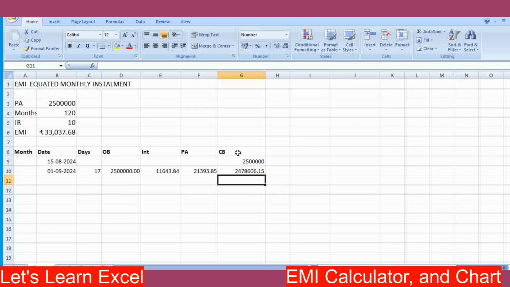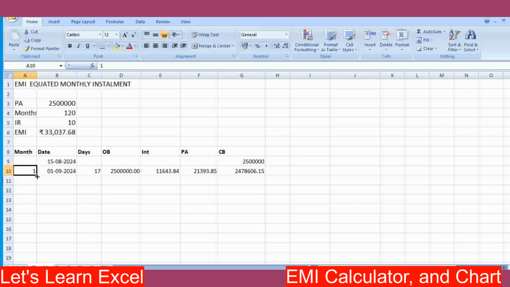Now what we have to do is we just have to copy the formulas down to 120 rows. So now this will be the first month, right? Subsequently it will be the second month. Also we have to copy these formulas also.